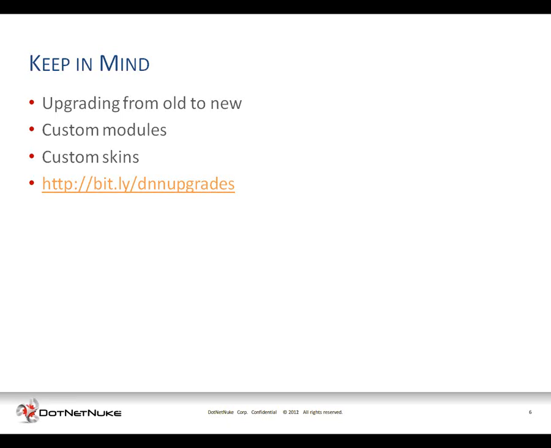Upgrading from an old version to a new version of DotNetNuke, if you are, say, on DotNetNuke version 4 and you're trying to upgrade to version 6, version 4 is roughly 3 or 4 years old now, so there's been a lot of changes, a lot of enhancements over time. You should be able to do an upgrade from version 4 to version 6, but you do need to go through a testing process, make sure that the upgrade doesn't cause any problems with functionality, content on your website.